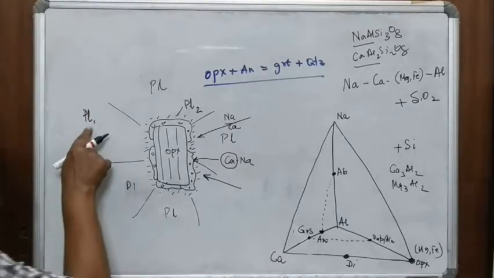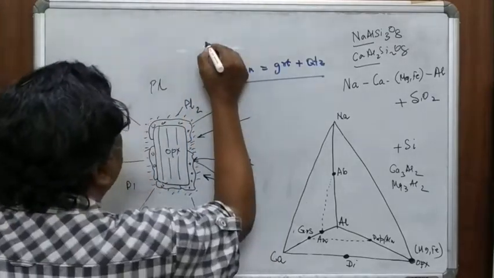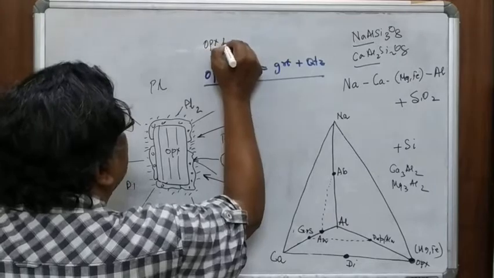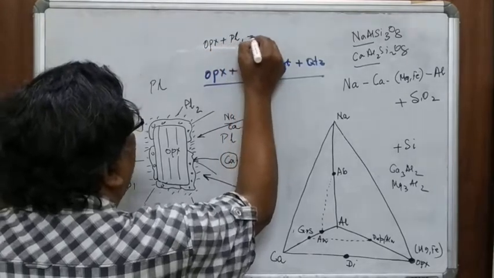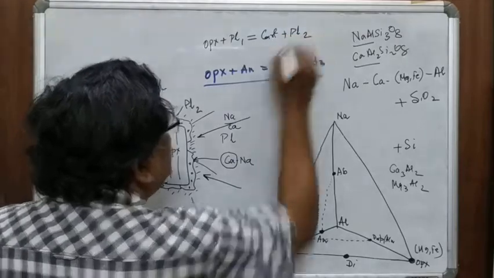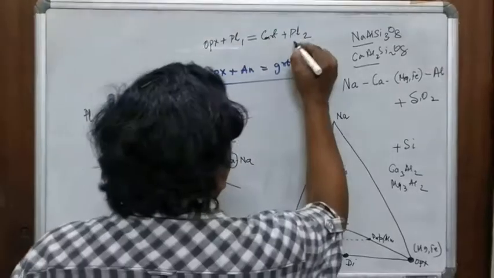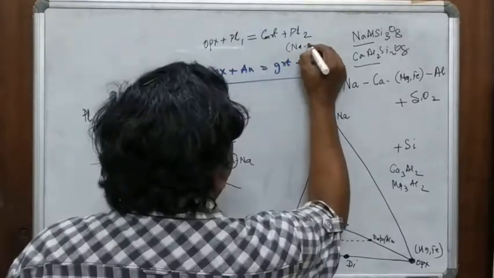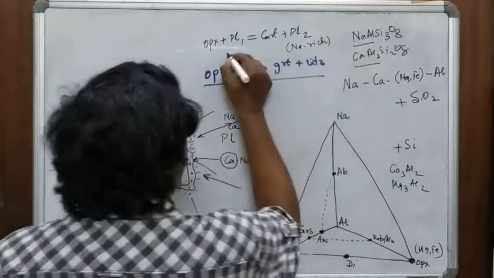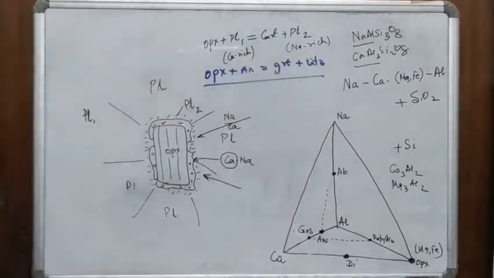So that's plagioclase 1 and plagioclase 2. So now what we can do is we can write OPX plus plagioclase 1 is equal to garnet plus plagioclase 2. Where plagioclase 2 should be more sodic. This should be Na rich and this should be Ca rich. This is what will happen.